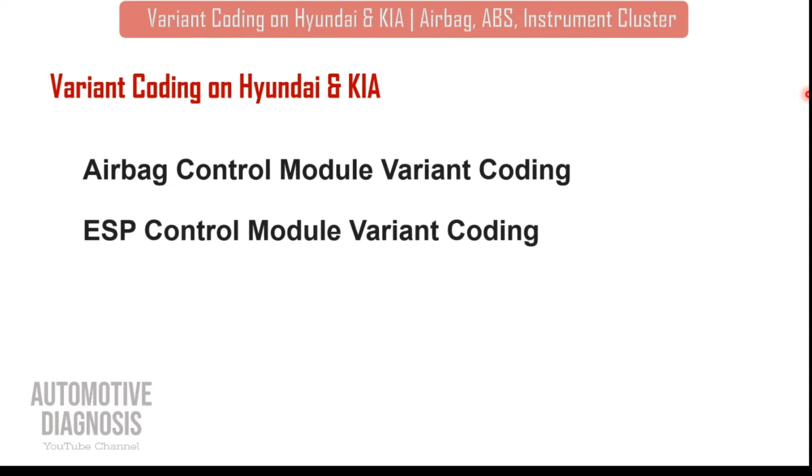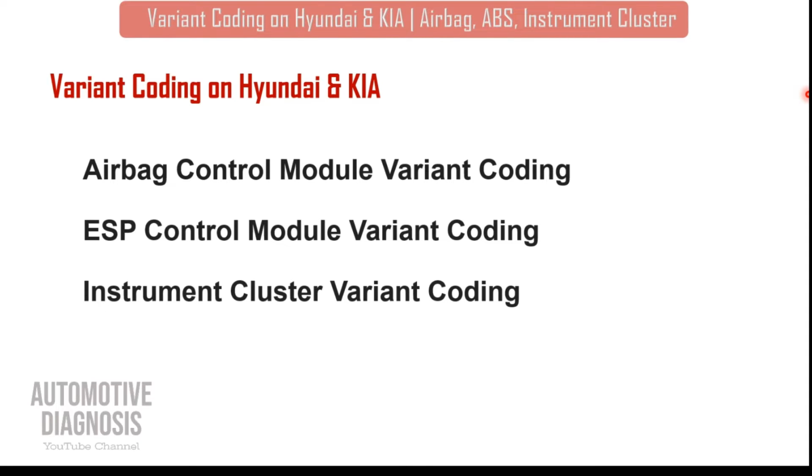You might need to do that on the ESP control module as well and on the instrument cluster. So I'm going to give you all the details for these three variant codings, how to perform them, how to find the code, and we will see how to do that on the car as well.